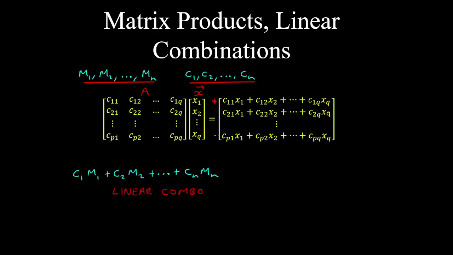So as we can see, we can express this as a linear combination of the scalar x1 multiplied by the first column in the matrix, plus x2, and that's multiplied by the second column in the matrix.